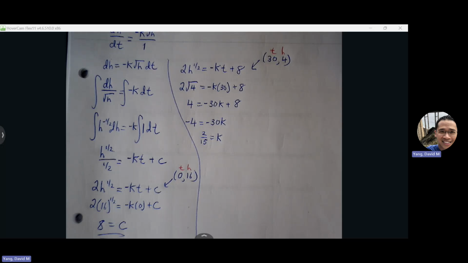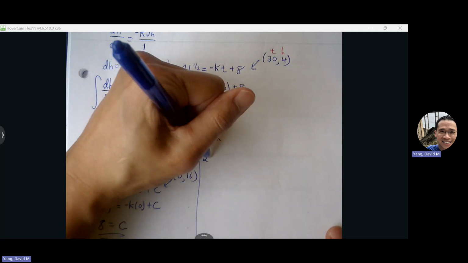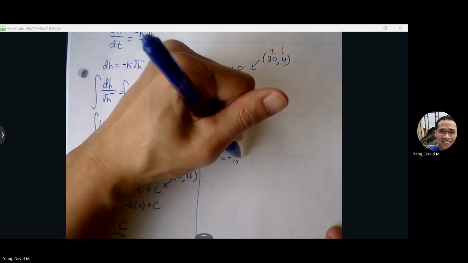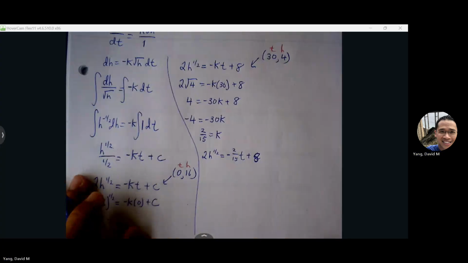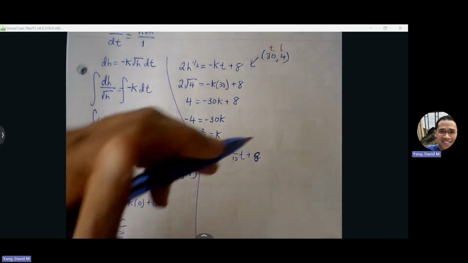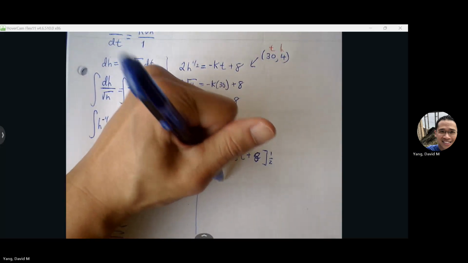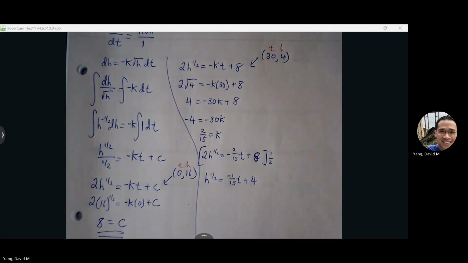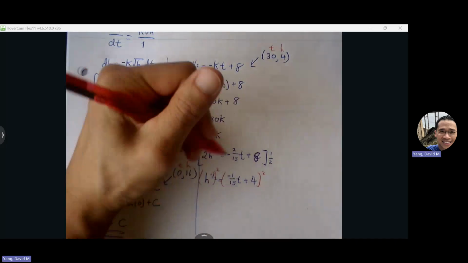Negative 4 divided by negative 30 is 2 over 15. So I have my k value, I have my C value. I'm now going to work on getting H by itself. Oops, 8. Now I have my C value. So divide by 2, square both sides. Once I square both sides, then I have my H and I have my solution.